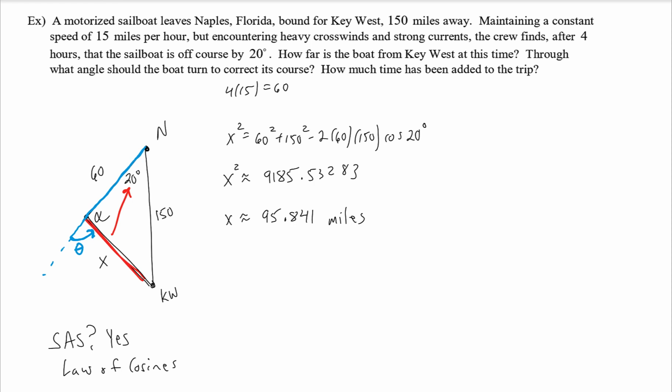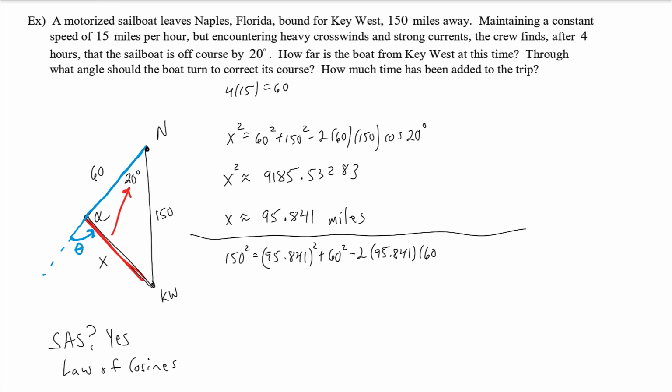All right, let me make some space here. So 150 squared is equal to 95.841 squared plus 60 squared minus 2 times that side times cosine alpha.